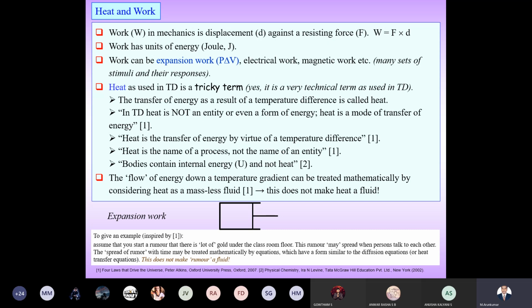So the expansion work: how can we get the expansion, and how can the heat energy be calculated in this?